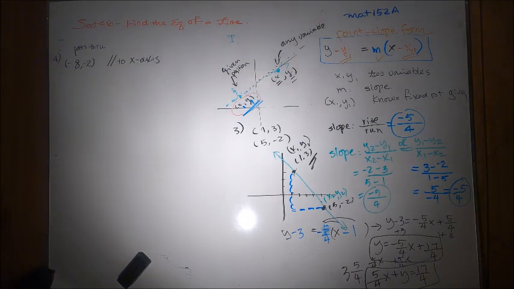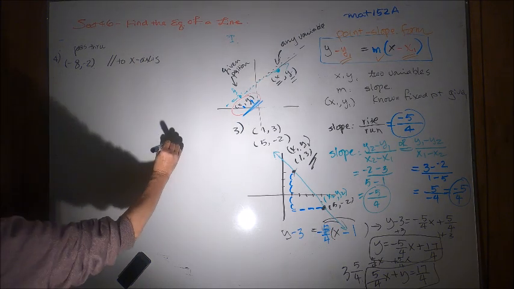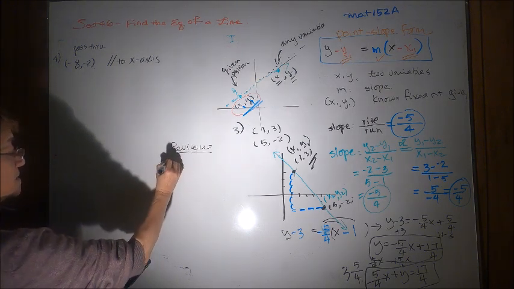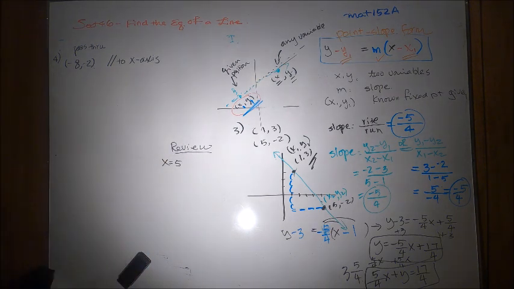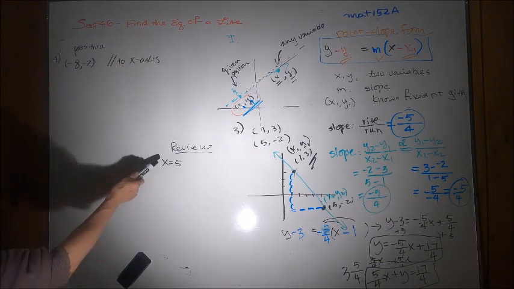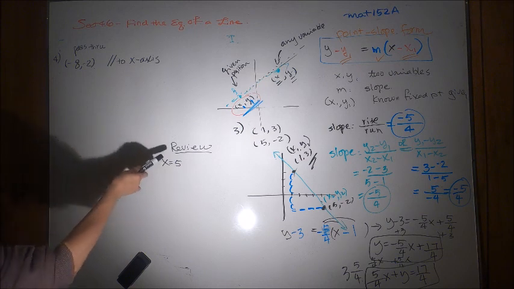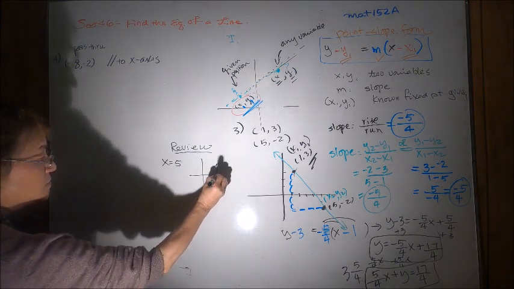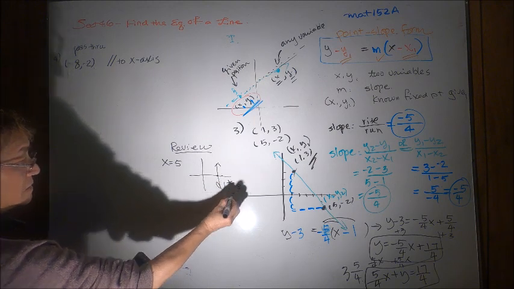So take a look. Okay, remember we did this. If x is 5, what kind of line is that? Vertical or horizontal? Y is free, means going up and down, right? Then that would be a vertical line. That's your x is 5, right?